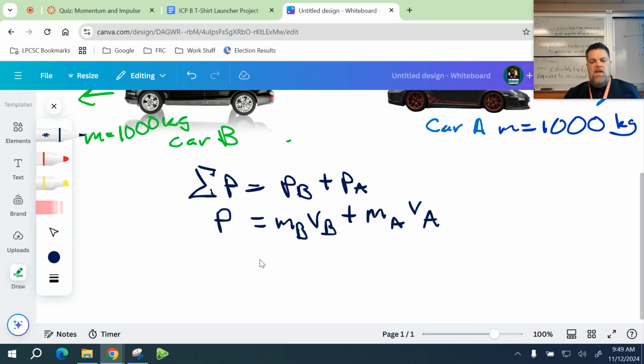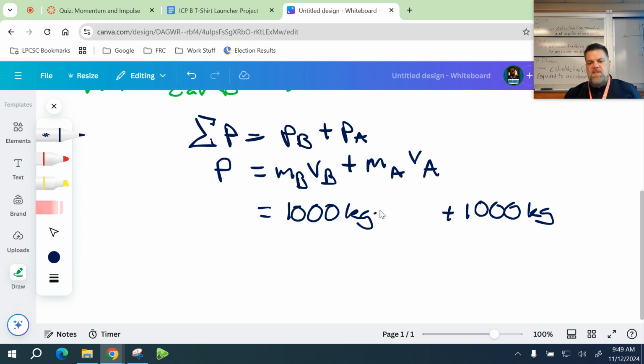So then, what's that? The mass is 1,000 kilograms for both of them, times the velocity. So this one is a negative 4.6, and then this one is a positive 7.8.